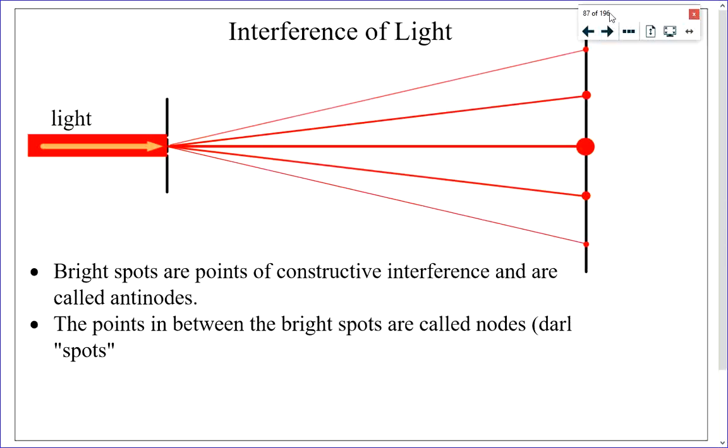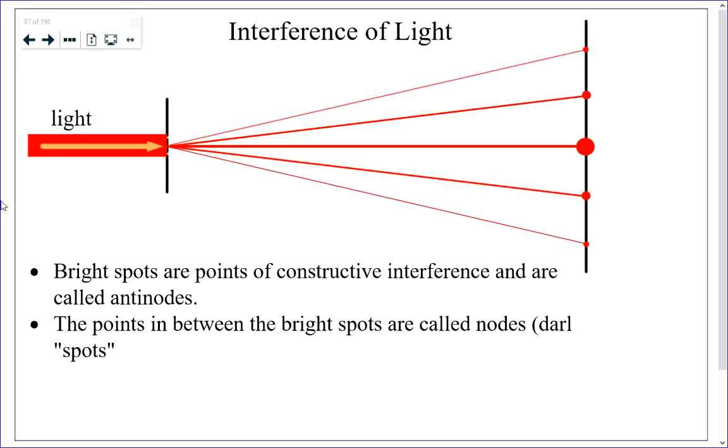Speaking of interference, when you shine a laser light, or what we call a monochromatic beam of light, through a pair of two openings, you get an interference pattern. I don't think it's important in this review to get into the mathematical geometry of why this happens, but you get a series of bright spots on a screen. You would have seen this in numerous demos and lab work that you do.